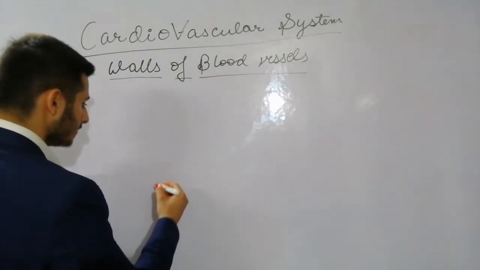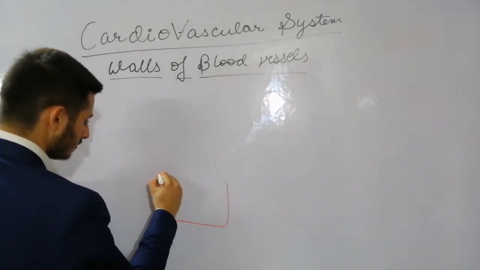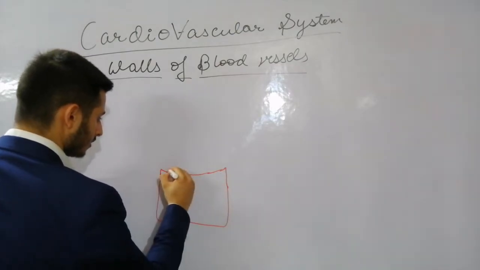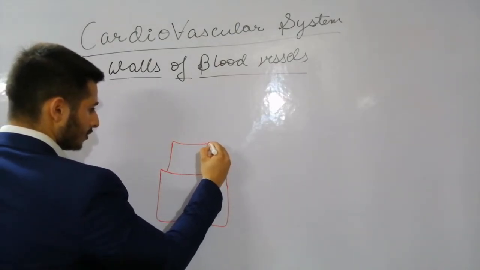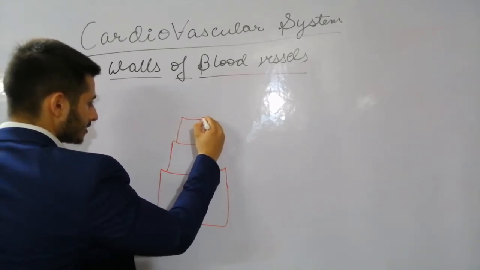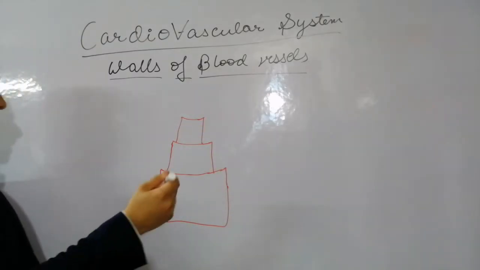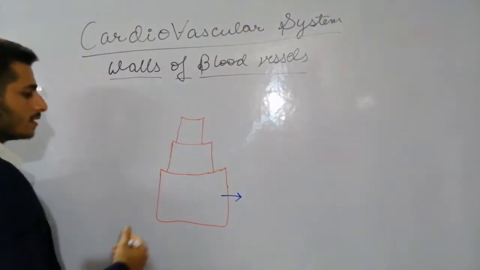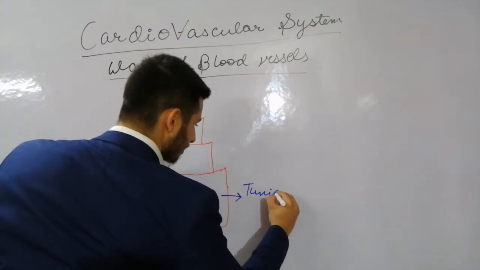The walls of the blood vessels are composed of three different layers. The outer layer is tunica externa.